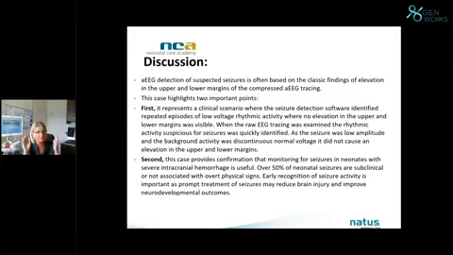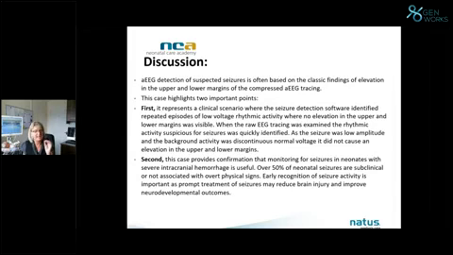Firstly, it represented a clinical scenario where the seizure detection software identified repeated episodes of low voltage rhythmic activity where there was very little elevation in the upper and lower margins.